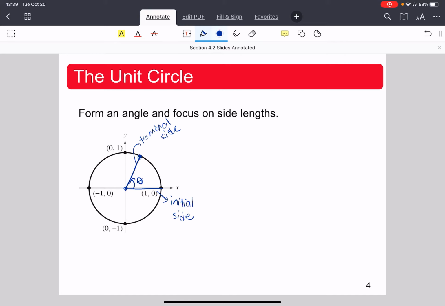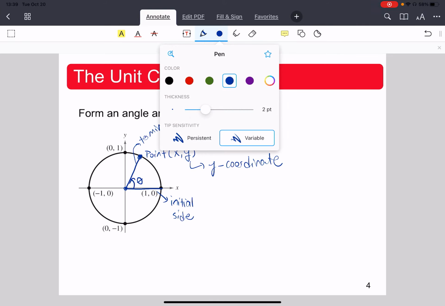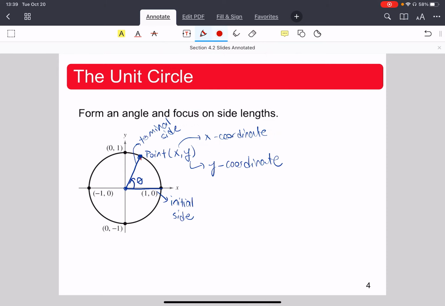And then what happens here is that this angle will have a point on the circle. Let's call that point on the circle (x, y), where x represents the x coordinate of this point, and y represents the y coordinate of this point. Specifically, I'm going to illustrate with a color here. So x is what it corresponds to on this x-axis, basically this distance represented in red.